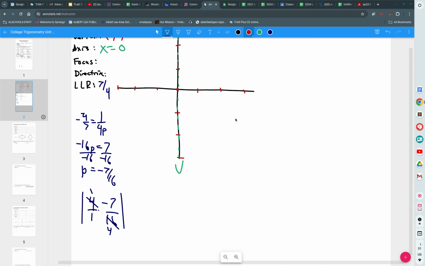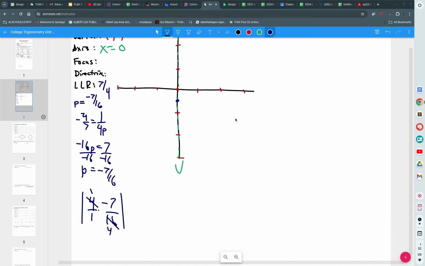Cool, and the p-value, as we encountered, p was equal to negative 7 over 16. So because the p-value is negative, it means that instead of going up, I'm going to move down. So 7/16 is almost a half, so I'm going to move down about a half unit.